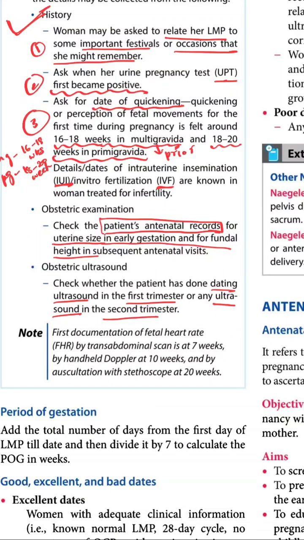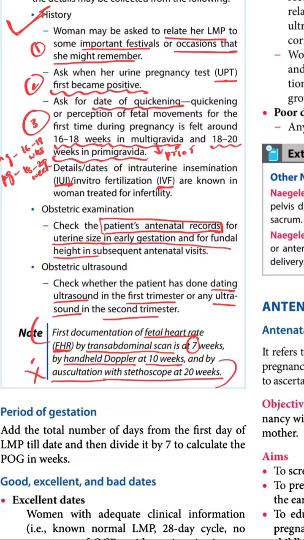Now, the first documentation of fetal heart rate by transabdominal scan is at 7 weeks, by handheld Doppler at 10 weeks, and by auscultation with stethoscope at 20 weeks.